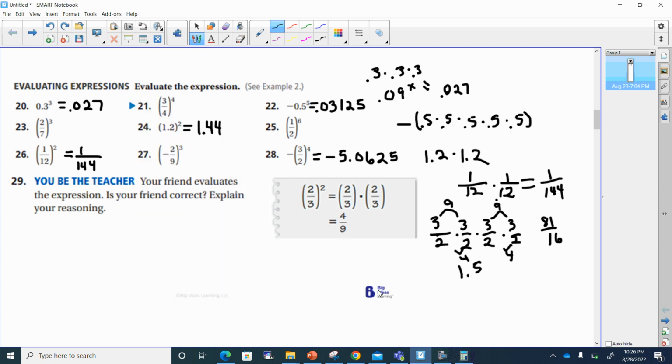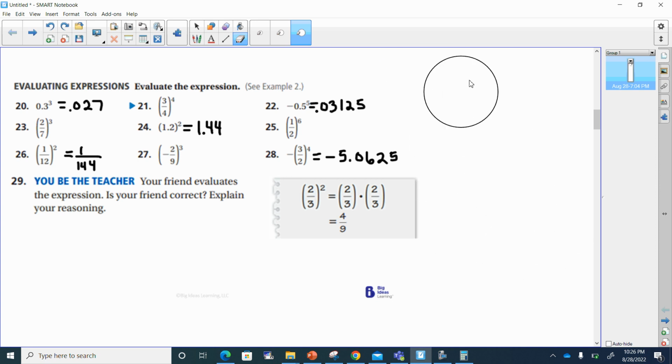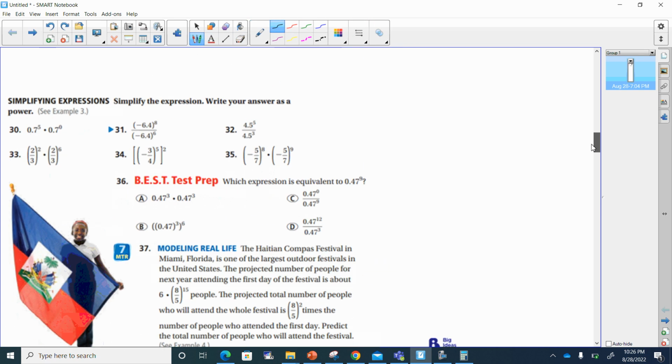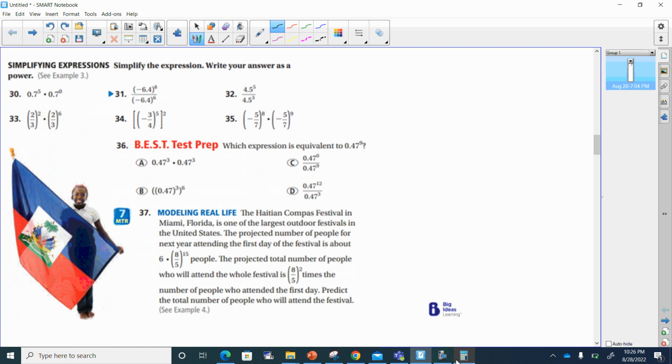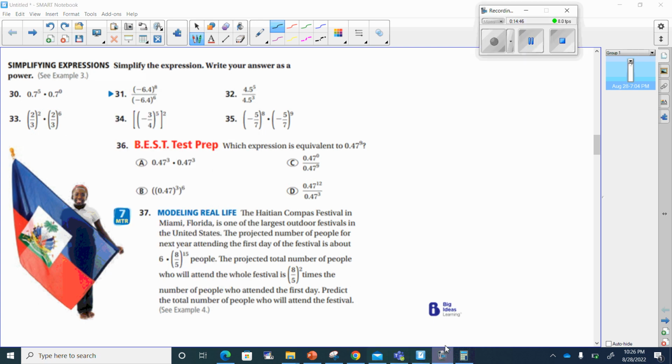All right, off to number 30 now. I'm going to erase all this so nobody gets too confused with the work and the answers. Number 30, I'm starting over here. Simplify the expression, write your answer as a power.